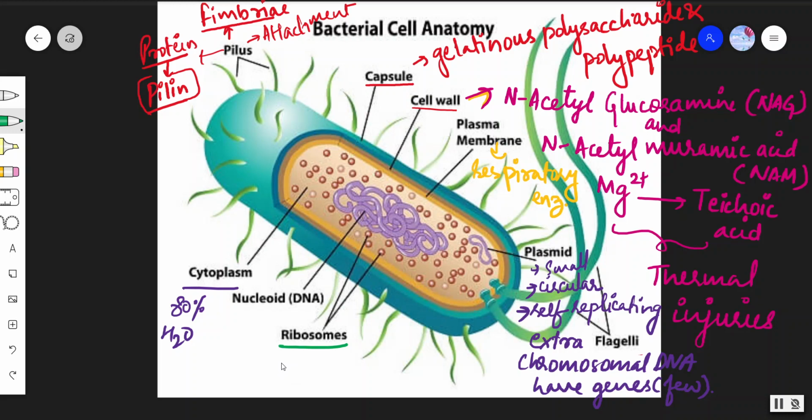They actually translate the RNAs to provide some products that are needed by the cell, in the form of protein. So ribosomes, these have 70S type of ribosomes.